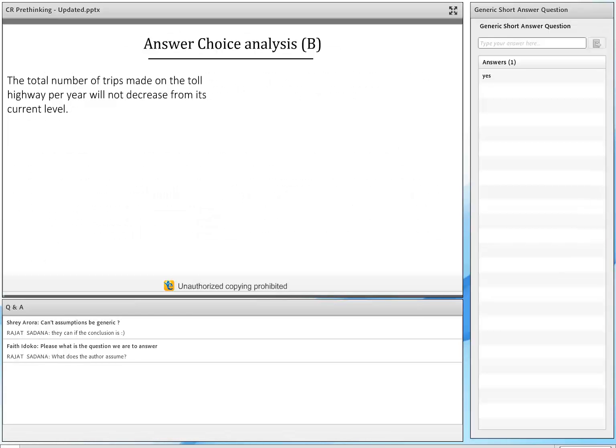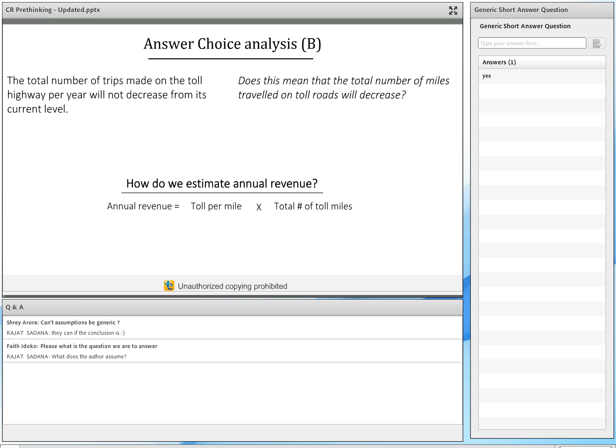Okay, choice B says the total number of trips made on the toll highway will not decrease from its current level. Now, let's look at whether that must be true, or in other words, does this mean that the total number of miles traveled on toll roads will decrease? The answer to that is not really. Why?